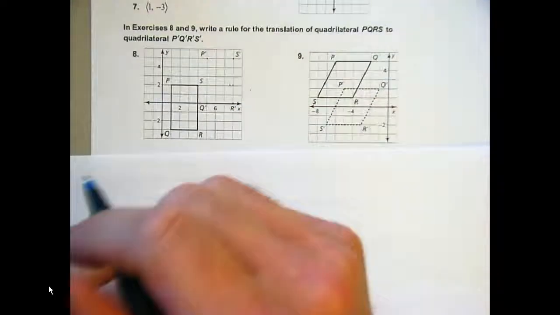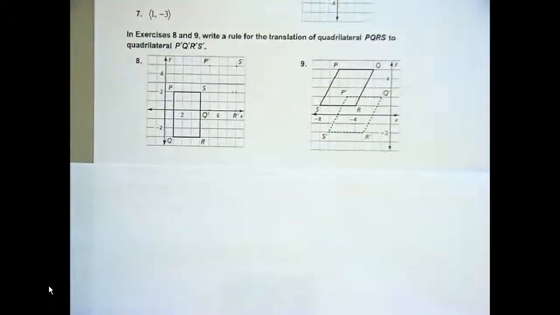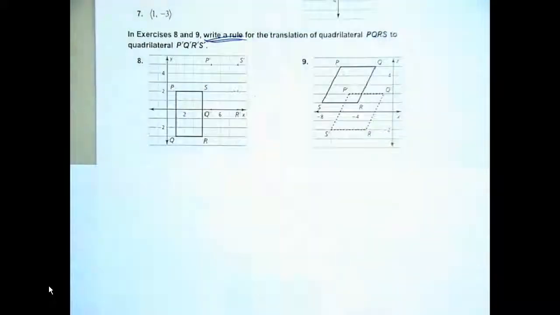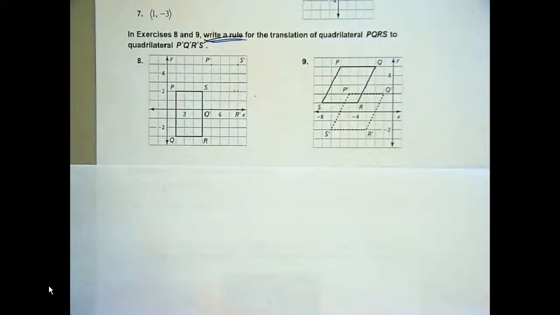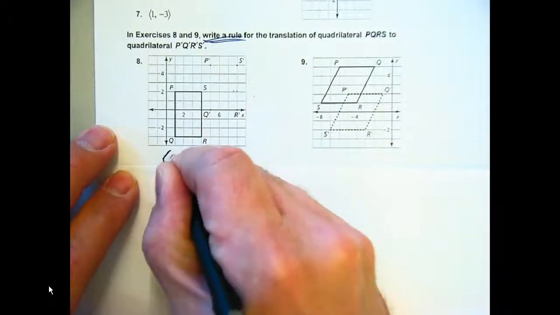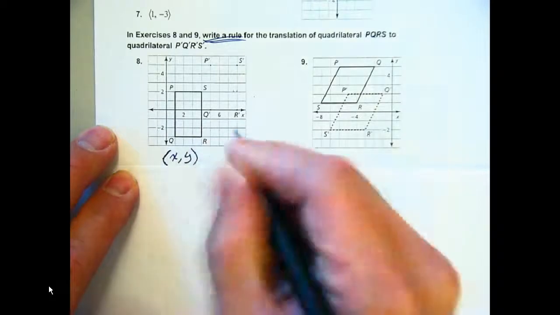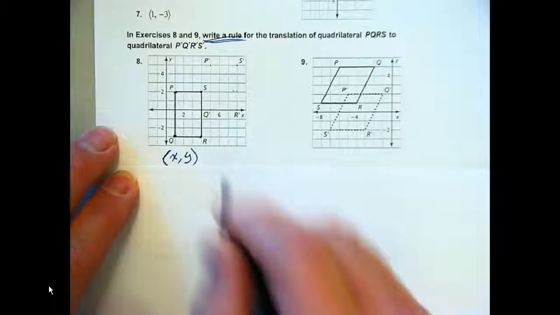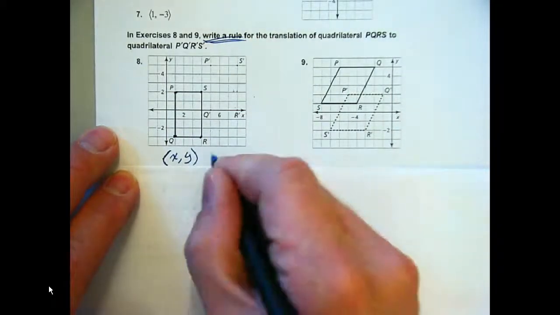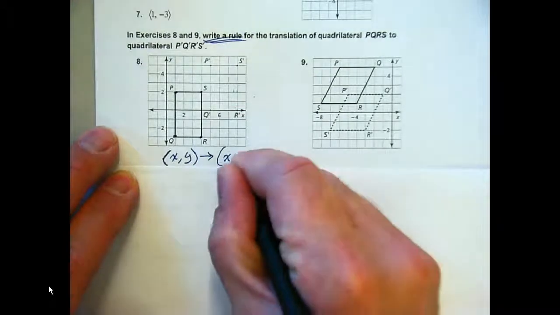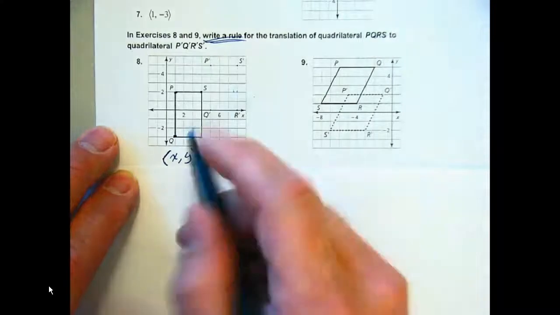All right, so you guys, when we're writing a rule, that's kind of what I did at the very beginning when I used the pluses. So I am taking all of my x values. If I had the ordered pair x, y, like each one of these coordinates of our preimage has an ordered pair, when we're writing a rule for the translation, we're saying that we're going to take all of our x values and we are going to add, how much are we adding?